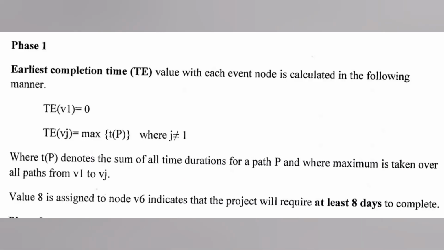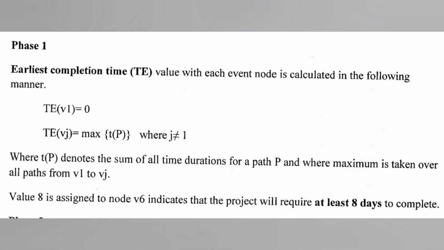So what is the first phase? Earliest completion time TE: the value for each event node is calculated in the following manner. TE of V1, the source node, is exactly equal to 0 every time. For the remaining nodes, say Vj, TE of Vj is the max of T of P, where j is not equal to 1.